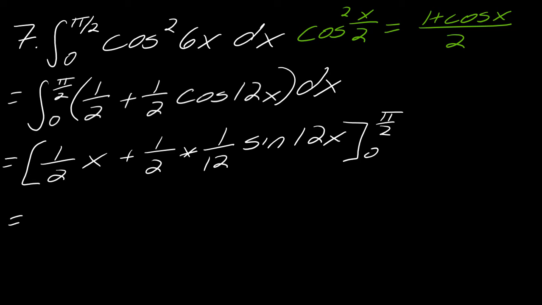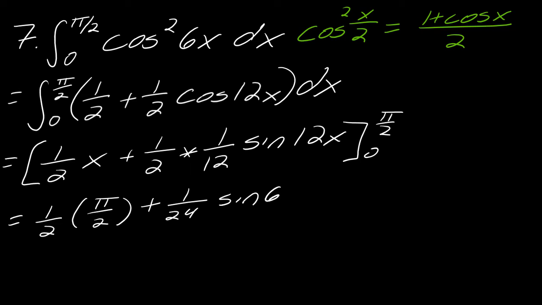So I'll start plugging stuff in. So I have 1/2 times pi over 2 plus 1/24 sine of, this will be 6 pi when I plug in pi over 2. And then the other part of this will just be minus 0, right? Because if I plug 0 into sine of x, this will be 0. So I'll just write minus 0 here. So this is all I have to figure out now.